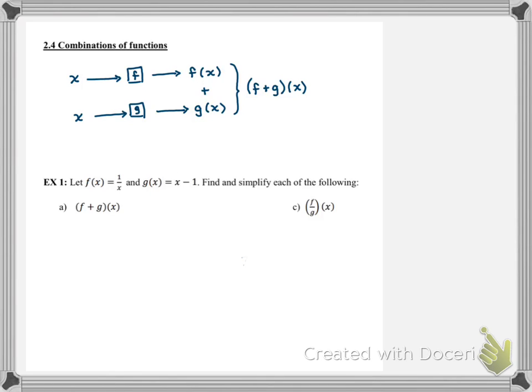That's why we can say we have a single input that we're inputting into F plus G, because it's F evaluated for that input plus G evaluated for that same input. So this is just the name of the new function.